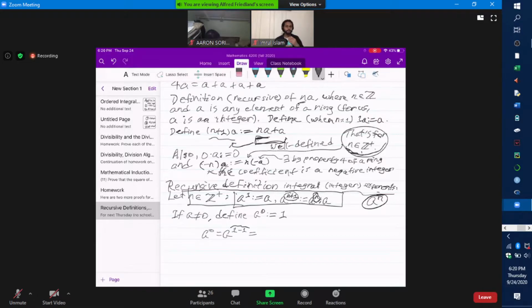Under what circumstances, with what operation do we subtract exponents? Well, for instance, if you have a to the 5th over a squared, what's that? This is a times a times a times a times a over a times a. Two of the a's cancel, they divide into 1, and you're left with a to the 5 minus 2, or a to the power 3.